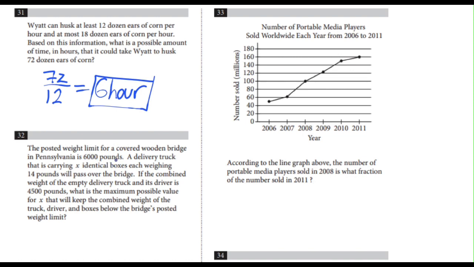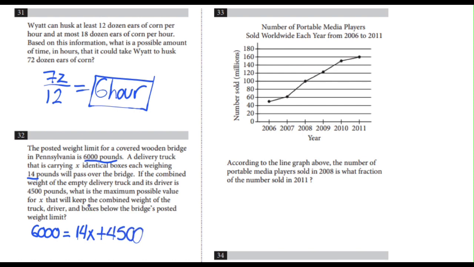We know that the weight limit is 6,000 pounds. So we'll say 6,000 pounds equals, each box is identical. There's x boxes and they each weigh 14 pounds. So equals 14 pounds times the number of boxes. And the weight of an empty delivery truck and its driver is 4,500.